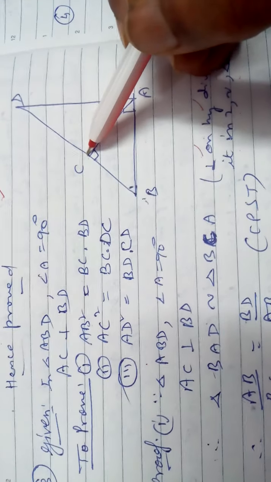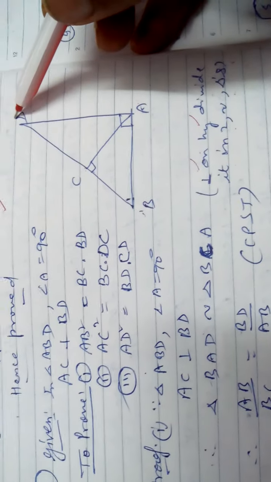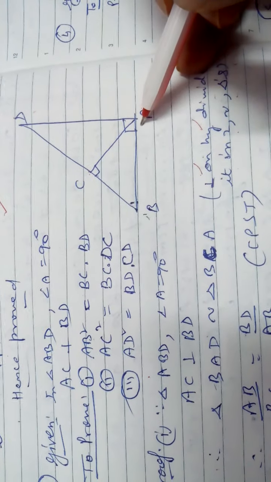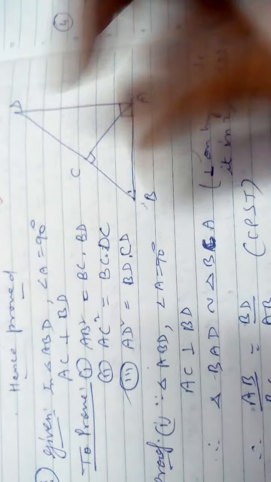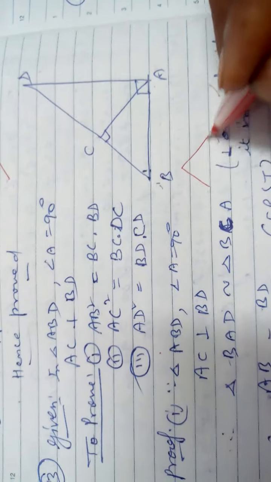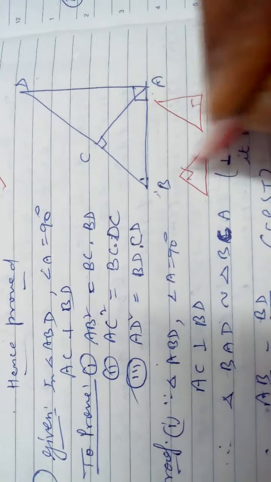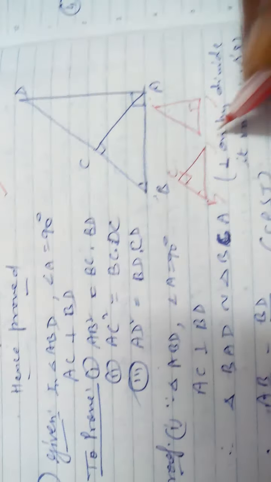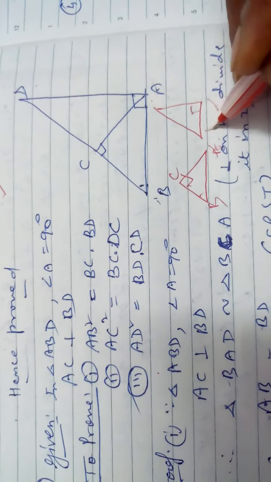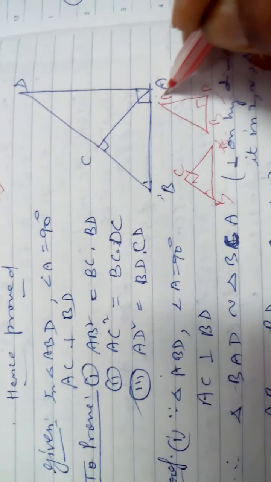So triangle ABC, BAD, this, similar to BCA. Big triangle similar to this triangle, similar to this triangle. It is 90, it is 90, it is B. BCA similar to BAD.